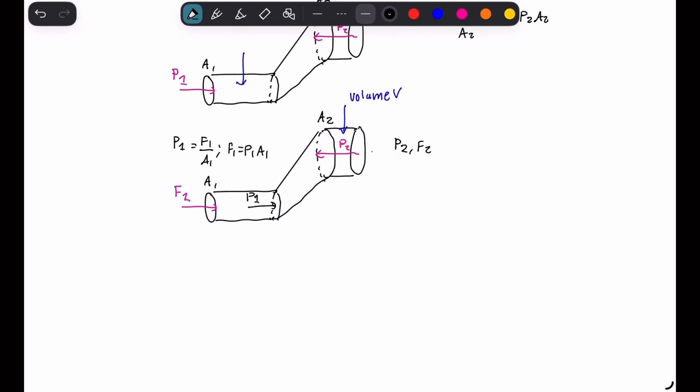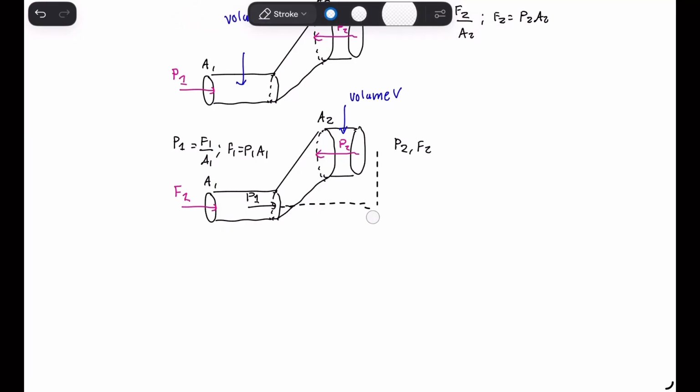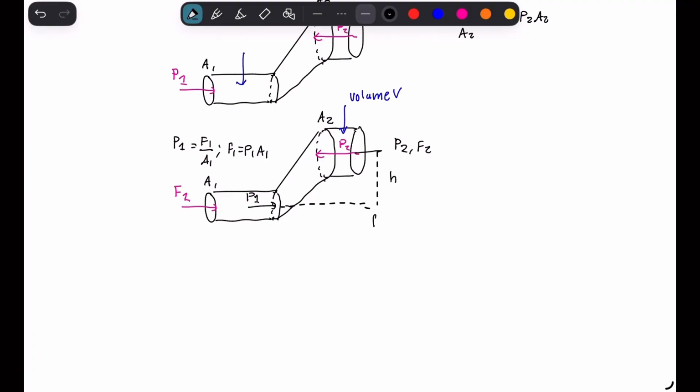So we're going to call this horizontal, we're going to draw a line here. And from this height, we're going to call this H2, or just H. So right here, we're going to say the fluid is raised to a height H.